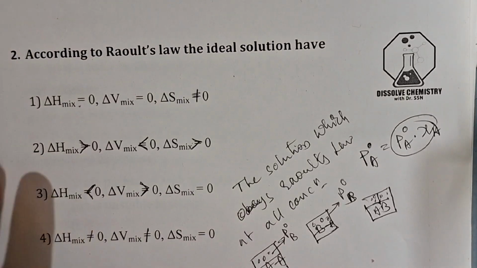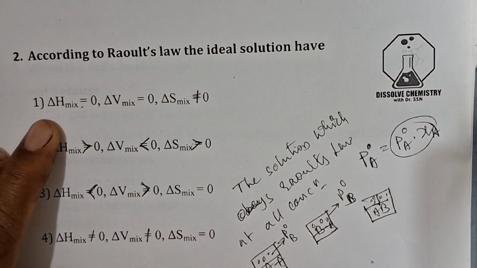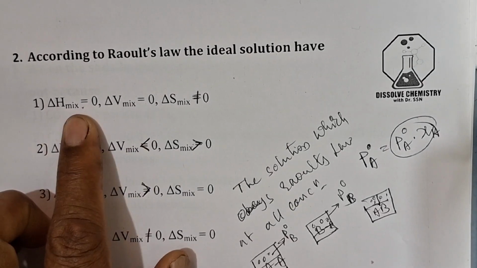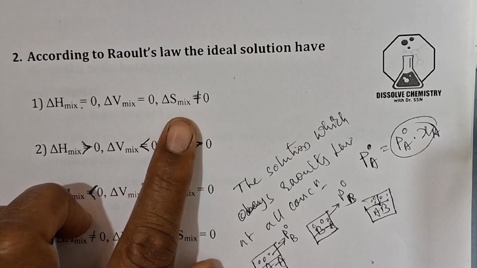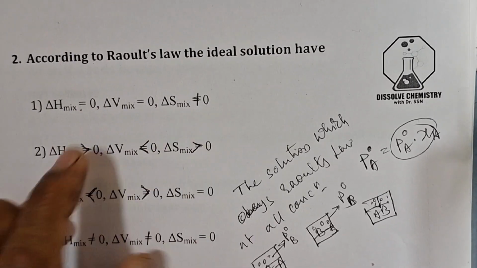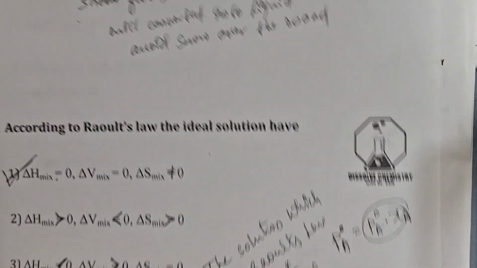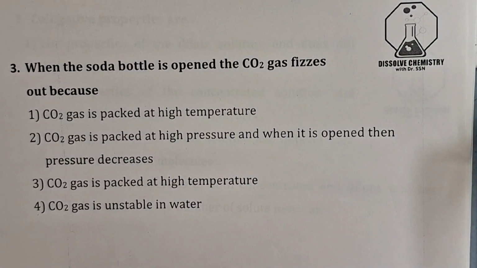So in the options, change in enthalpy is 0, change in volume is 0, and change in entropy is not equal to 0. So the option will be the first option.